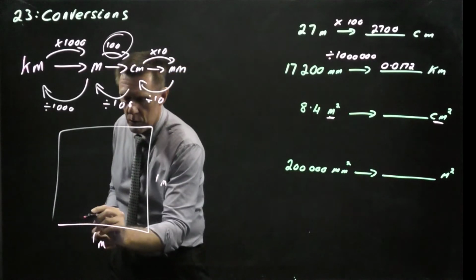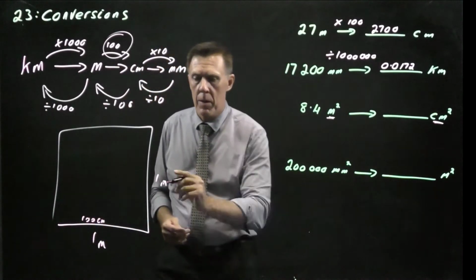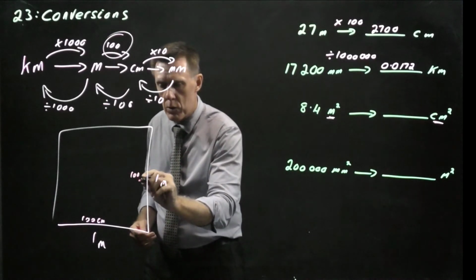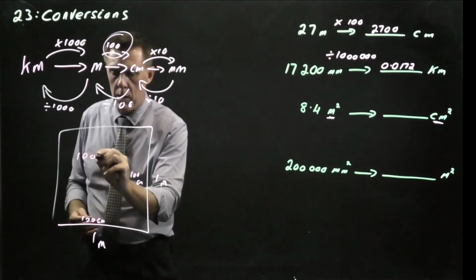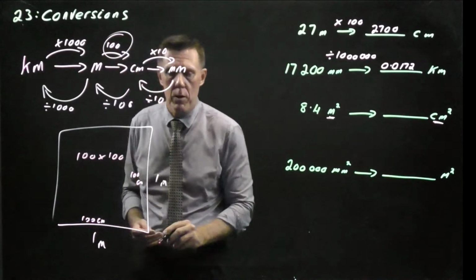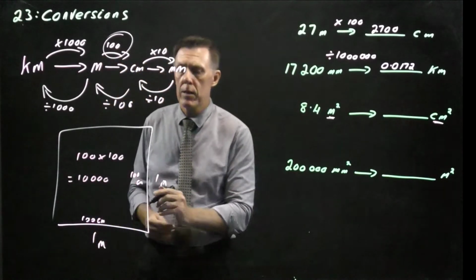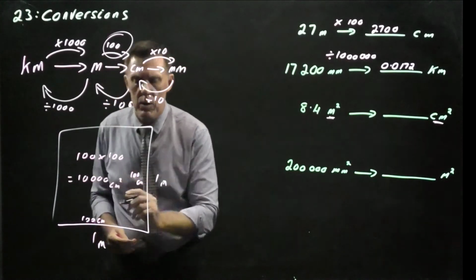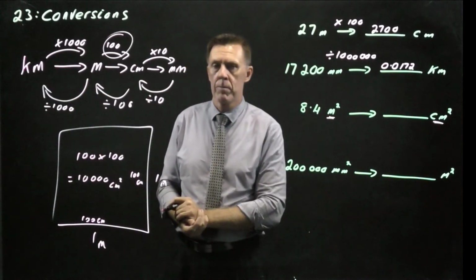Well, along this edge, there's going to be 100 centimeters. Along this, another 100 centimeters. So if I do the multiplication, 100 on one edge times 100 on the other edge, it's going to be 10,000 square centimeters that will fit inside 1 square meter.